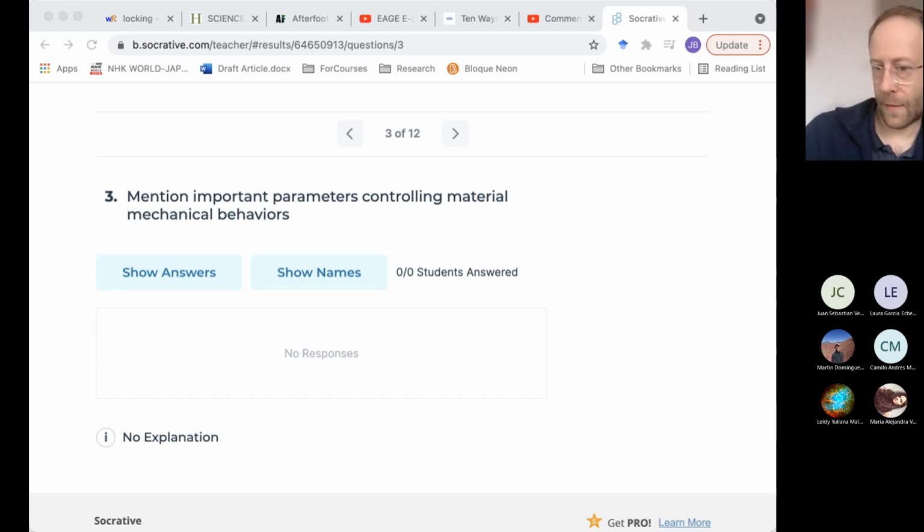For pressure, yes, definitely. Time of deformation, yes. I don't remember how it's phrased in the course. It must be something like the time scale of deformation. But yes, exactly, this is very important. Do we have some others?